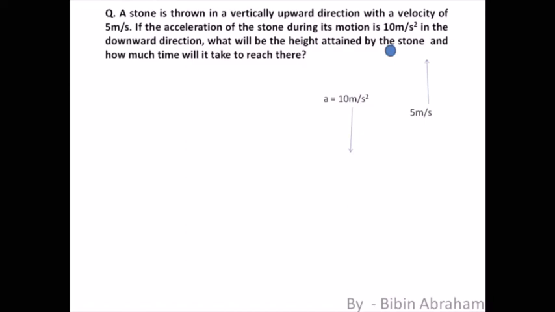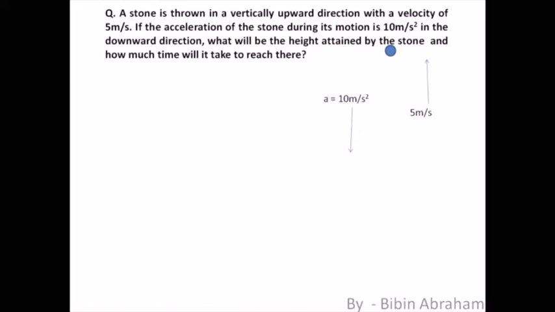Yes or no? When you throw a stone upward, there is a moment in the thin air where it stops and will come down. So here the question is asking what height the stone will attain, meaning how much height it will go till that stopping moment comes and the stone comes down. That is what we are asked. We are asked to find out that distance, right?